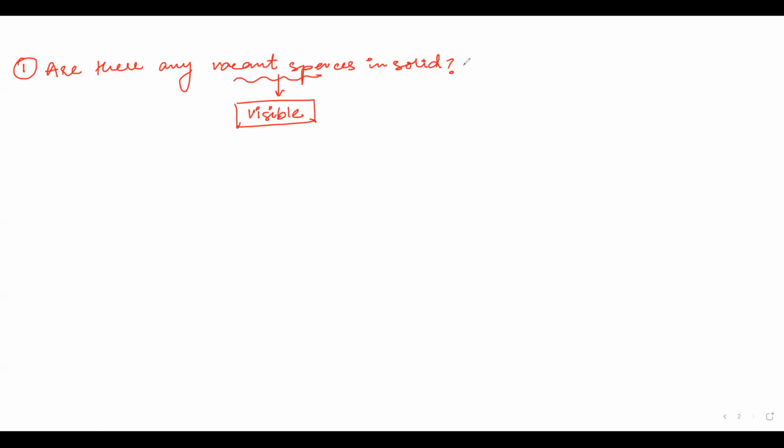If somebody has any doubt, like sir, there is a table here and I don't see any void, how can there be voids? Just imagine the shape of an atom. The three-dimensional shape of an atom is spherical. Now imagine fitting these spherical atoms into a cubical room.